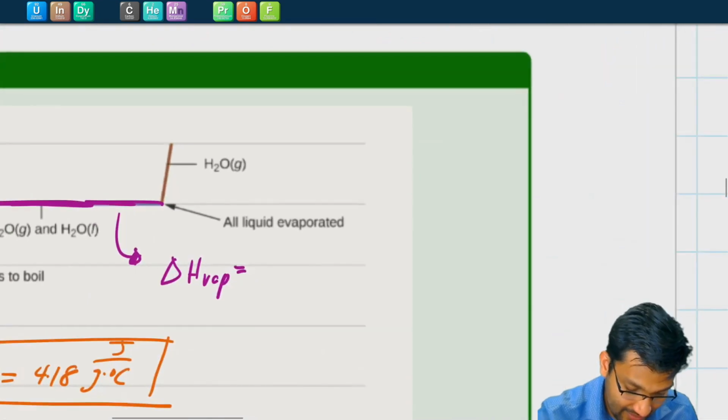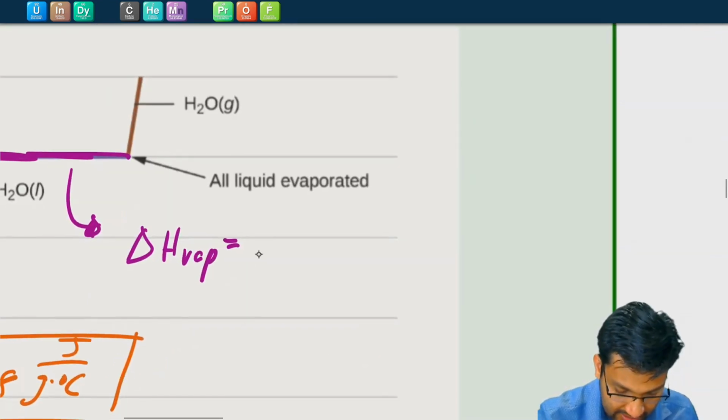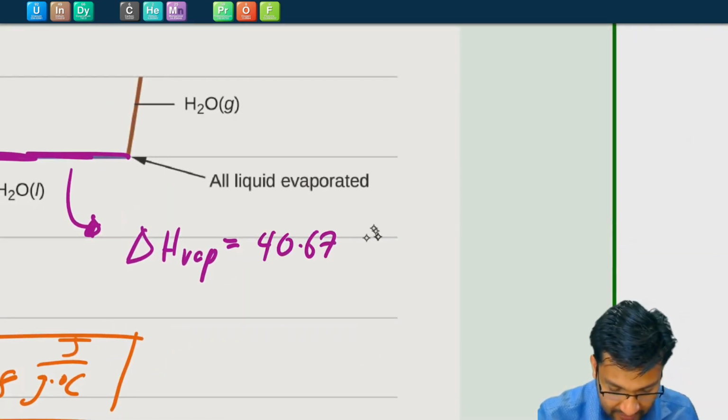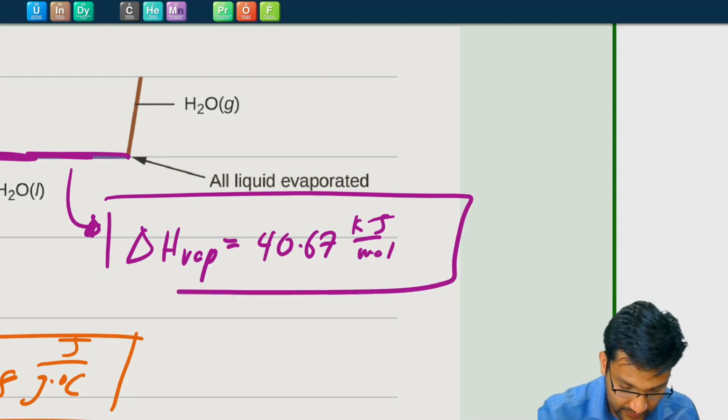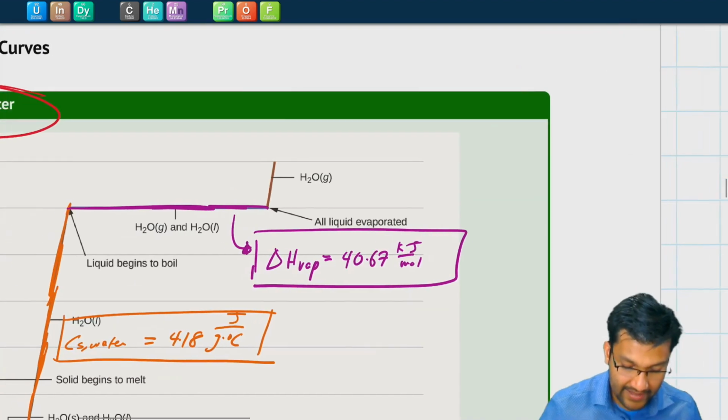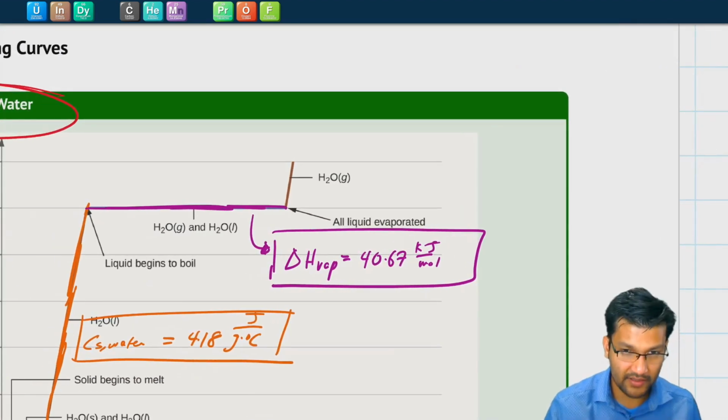No, I think it is 40.67. You may have to look this up, but 40.67 kilojoules per mole, right? The enthalpy of vaporization.